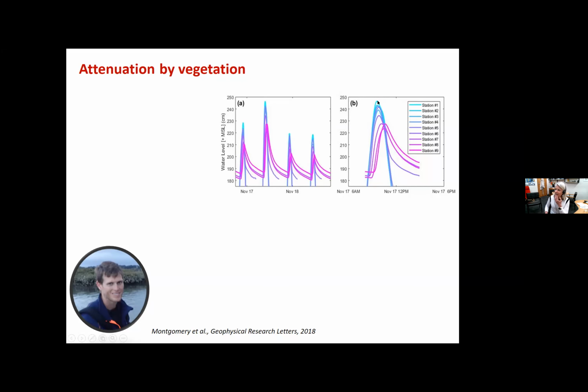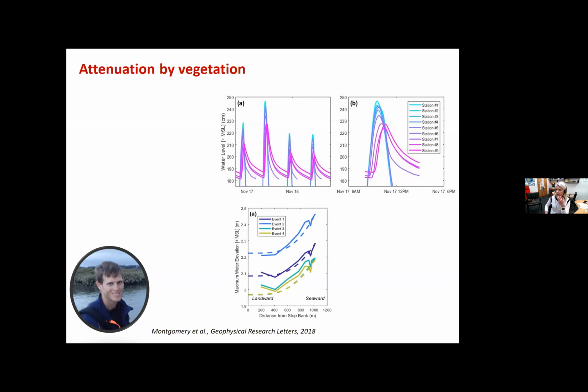Now, the interesting thing is John developed a little analytical model to explain this drop in the vegetation that was simply related to the frictional drag balancing the water gradient across the intertidal. And the model worked really well. This shows the maximum water elevation and the distance from the stop bank, so seaward and landward.